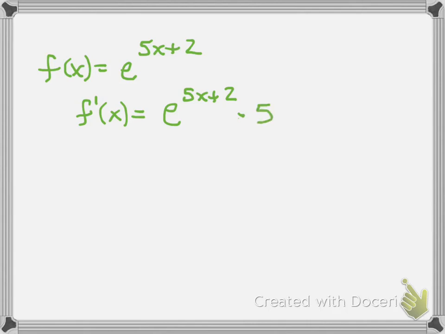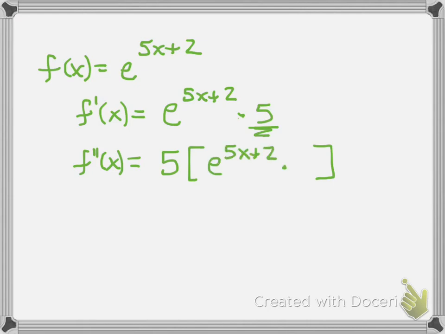For the second derivative, remember this 5 now just acts as a constant. So I keep the 5 and derive e to the 5x plus 2: rewrite it again, times the derivative of the exponent, that's a 5. Let's simplify, 5 times 5 is 25, e to the 5x plus 2.